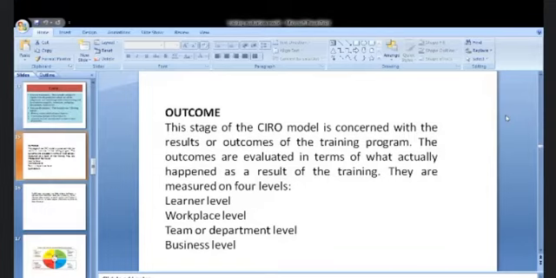CIRO stands for context, input, reaction, and outcome, students. This is another model available to evaluate training.